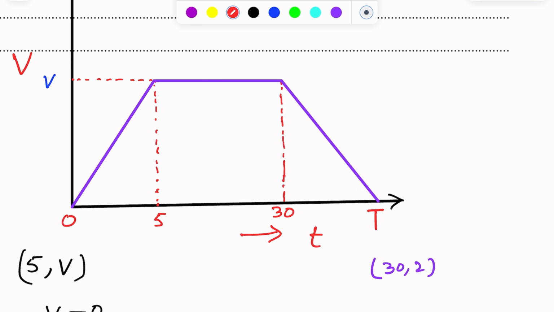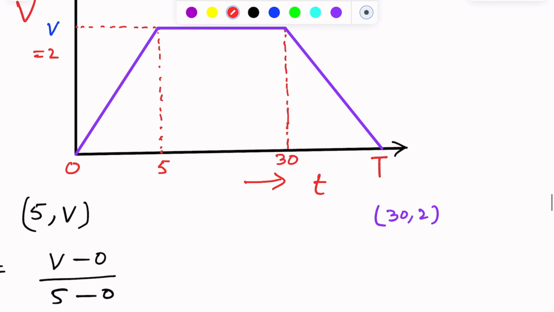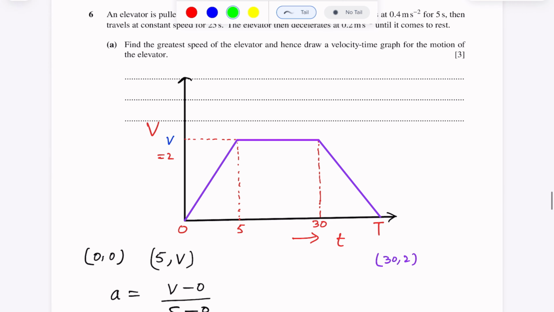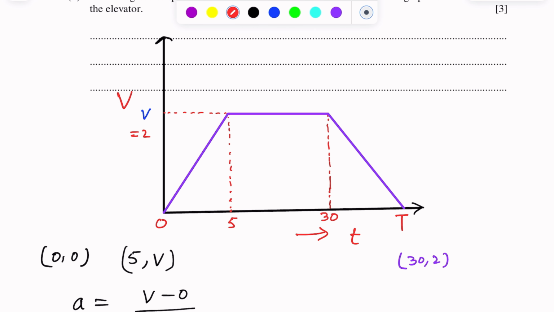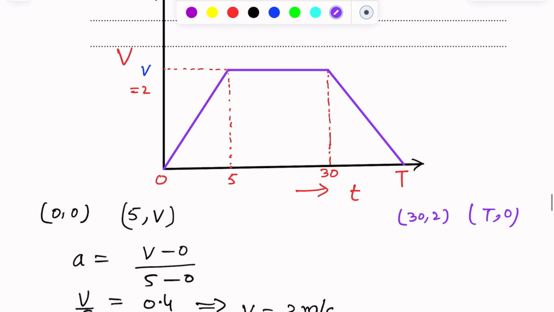We have found v is equal to 2 meter per second. This point is at t is 30 and v is 2, and this point is t, 0. Now we will find the gradient of these 2 points and equate it to minus 0.2 meter per second square, because the deceleration is given.